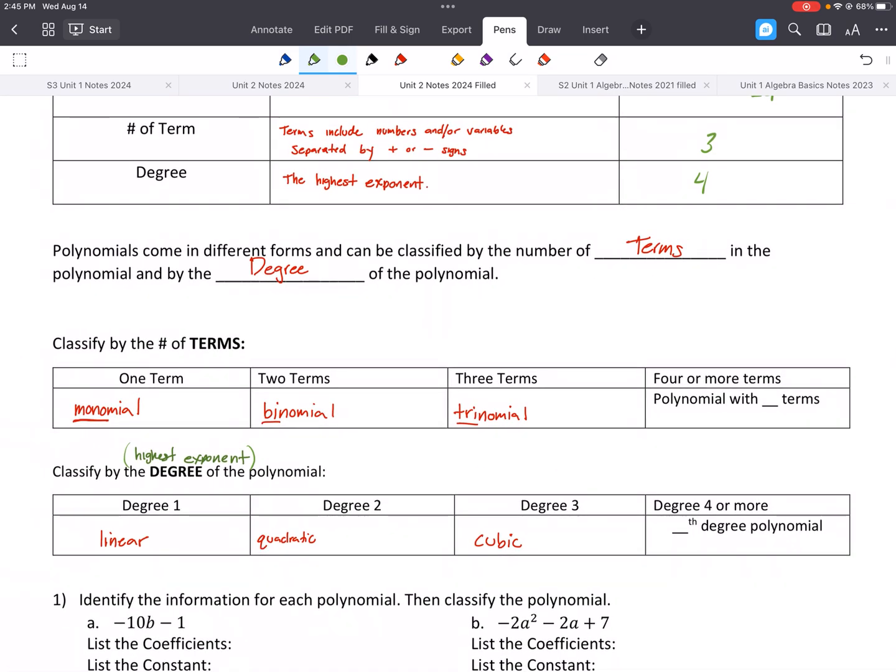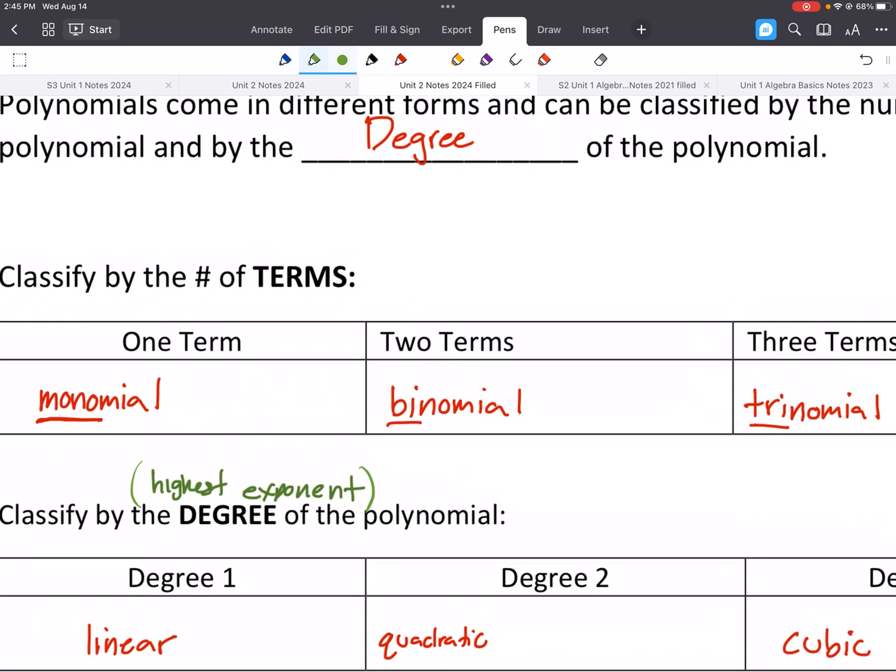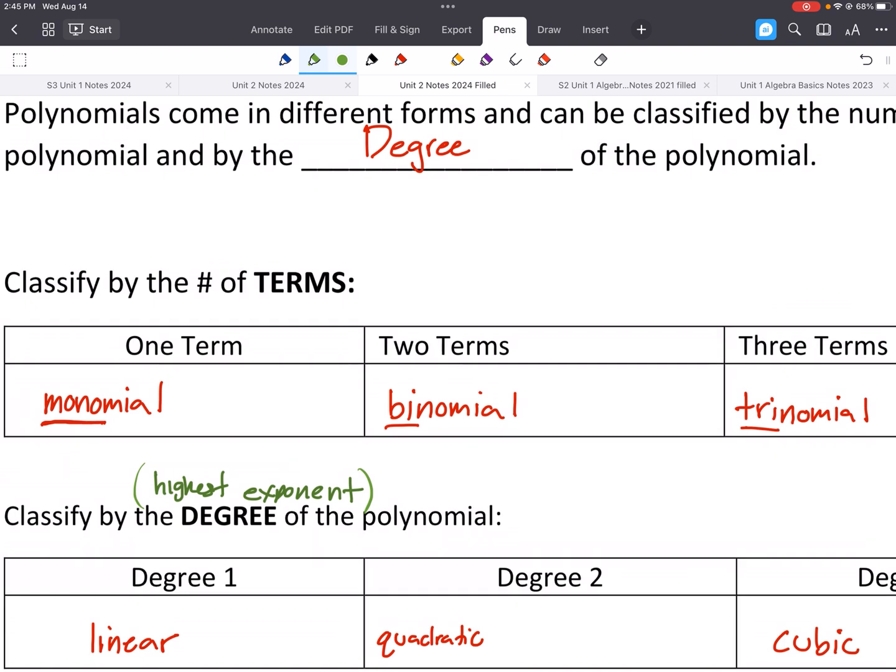We can classify by terms. If the polynomial only has one term, for example 2x to the 5, that would be called a monomial. Mono meaning one.